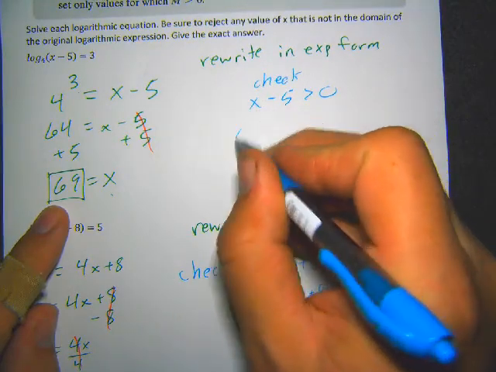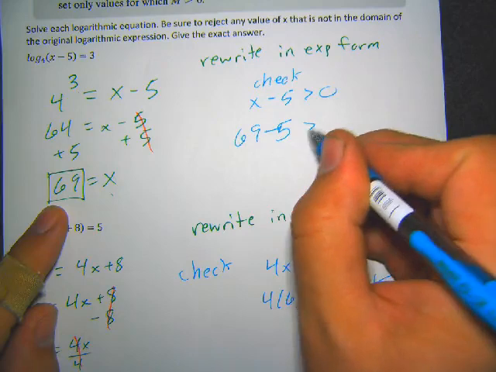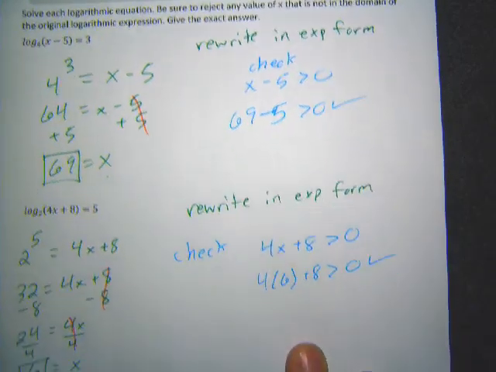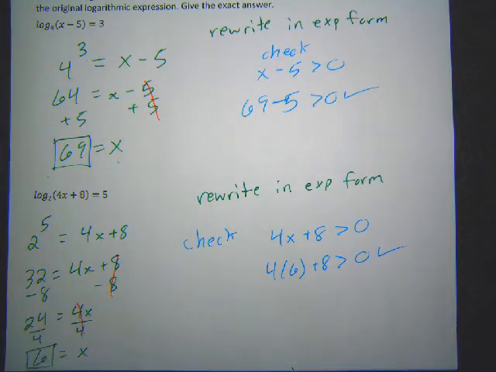If we put 69 there, 69 minus 5 is 64, and that's fine. It's greater than 0, so it checks out. So that's something we're always going to look for when we're solving these log equations. If you're solving and x was inside the log, you have to go back and make sure that when you're done, if you put that number in, the stuff inside the log is positive. It will show up later in these notes. You'll see one where it doesn't work, and so we're going to have to take that out.